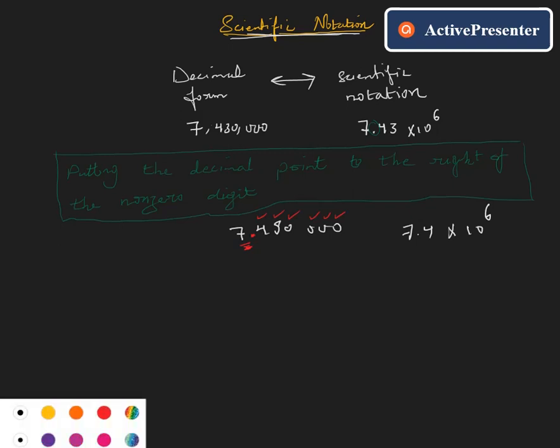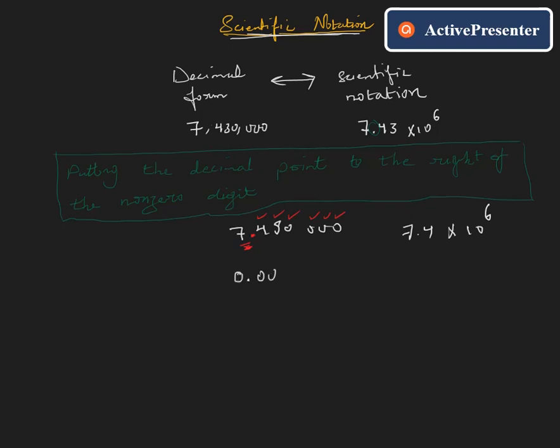Another example, if I tell you to transform 0.0000078. So how we are going to transform it to the scientific notation? We put the decimal point after the first non-zero number.